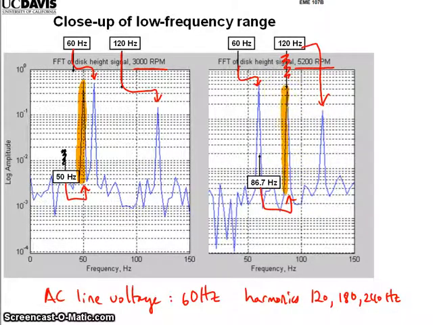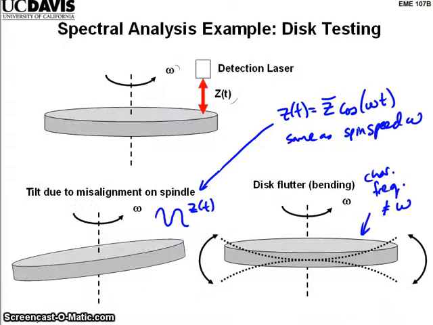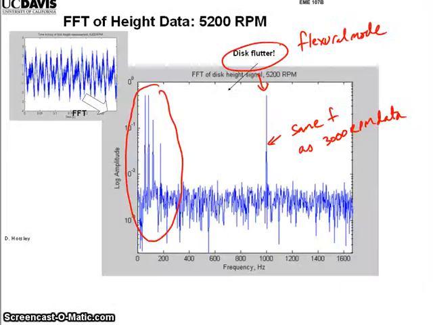It's this one here. Remember, that's because of the tilt of the disk on the spindle. And it turns out that the magnitude of these peaks is meaningful. So if you look at this one here, the disk flutter, I don't know what the units are, but if we wanted to compare whether the magnitude of the flexing of the disk is similar to the tilt, we can just look at the magnitude of these peaks in the FFT.